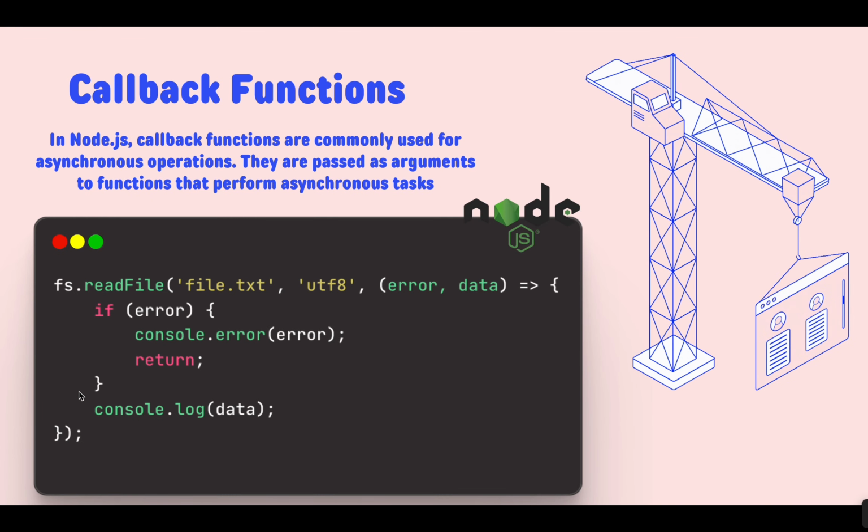Also, we have callback functions, which in Node.js are commonly used for asynchronous operations. They are passed as arguments to functions that perform asynchronous tasks. For example, here you can have a callback function after you read a file, in this example file.txt.